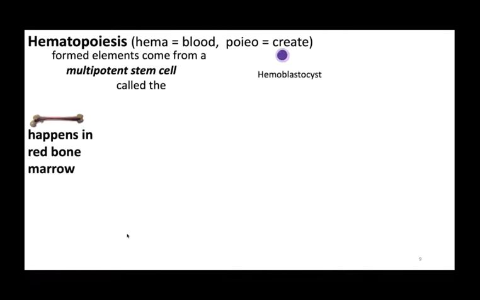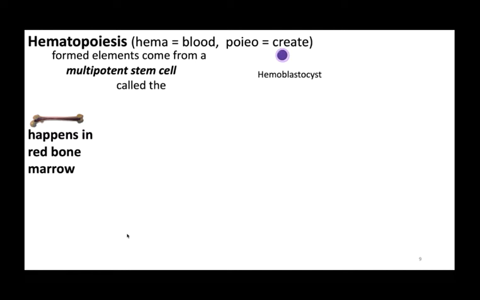And this is what you need to remember for this week about the process of hematopoiesis. When we get to the immune system, it'll make sense to remember more, but I want to introduce you to it to start with.